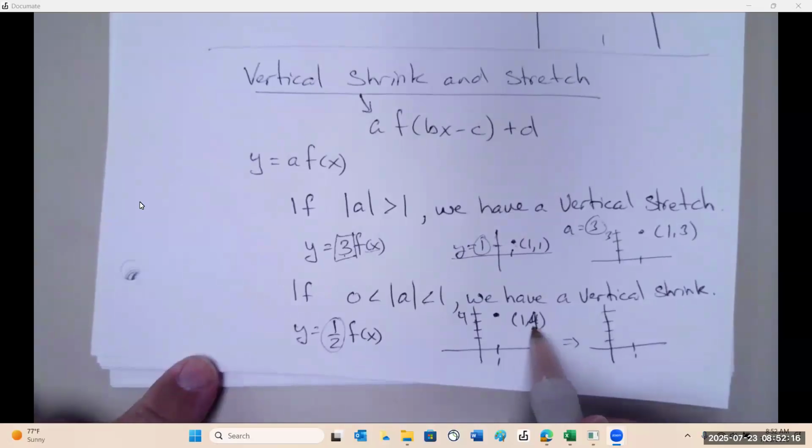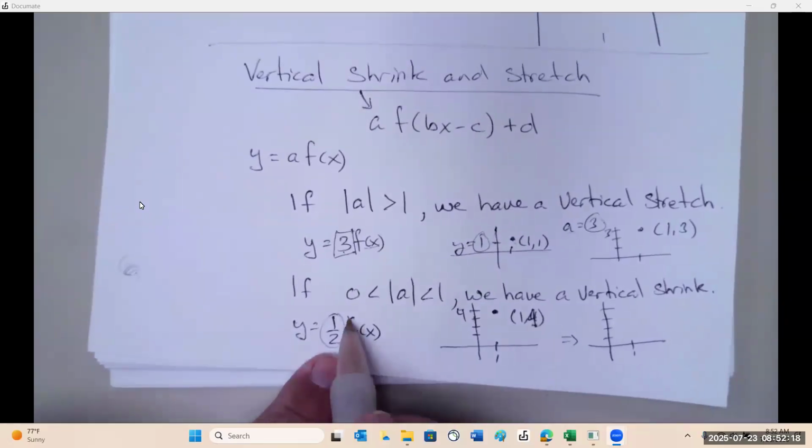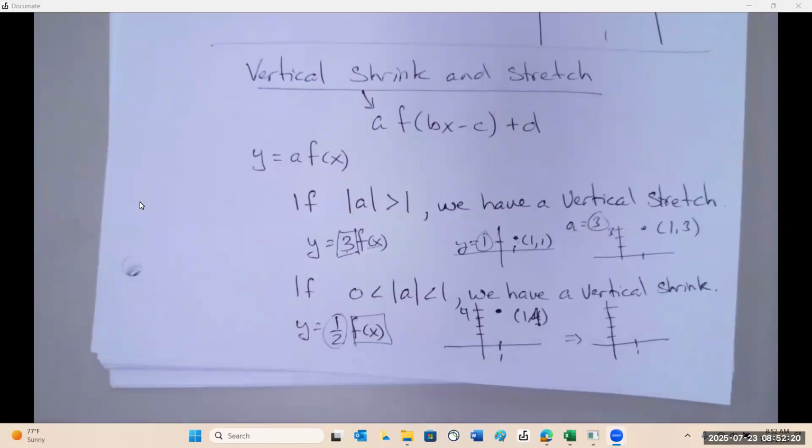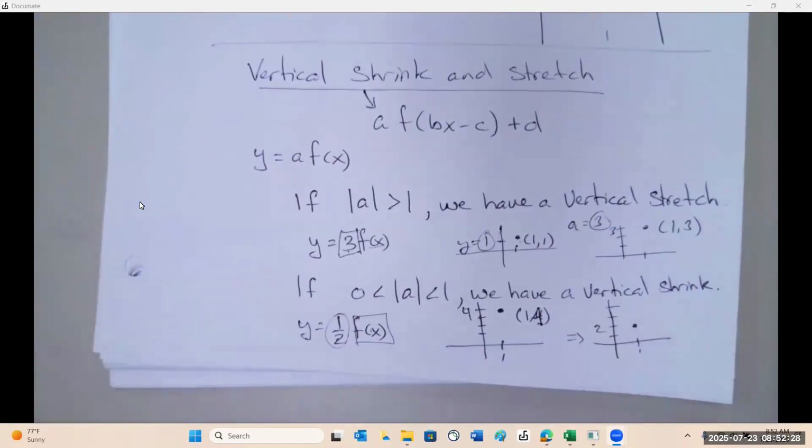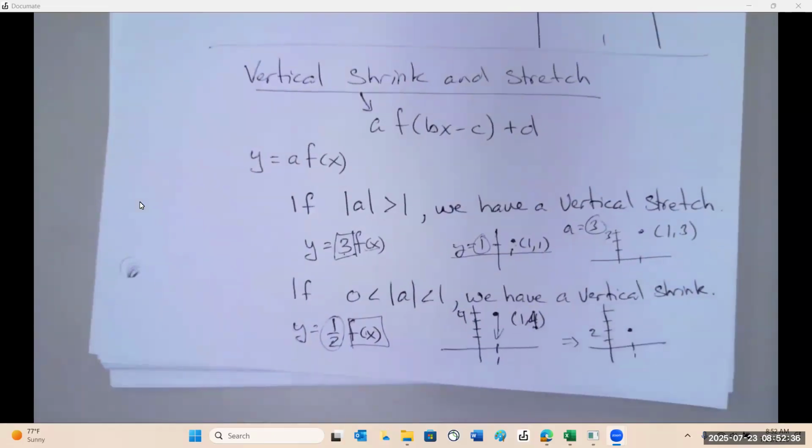My y value is 4. F of x is your y value. What's 1/2 of 4? 2. Because it's a fraction, that means my points get pushed down. They get shrunk, constricted.